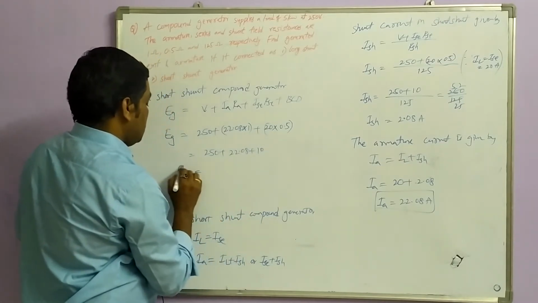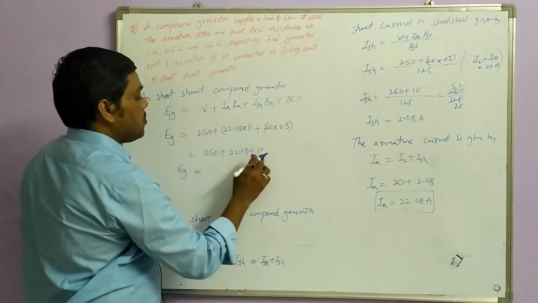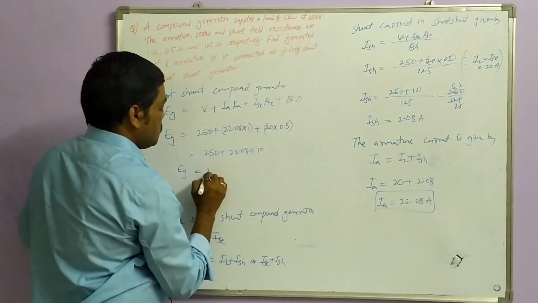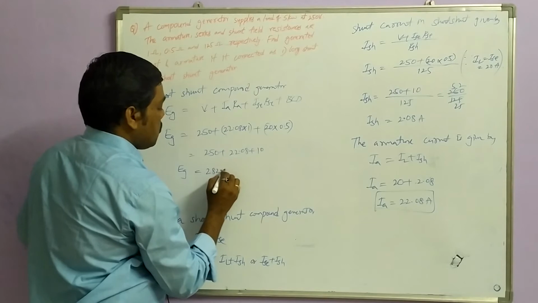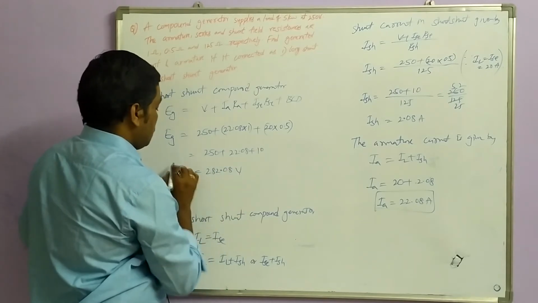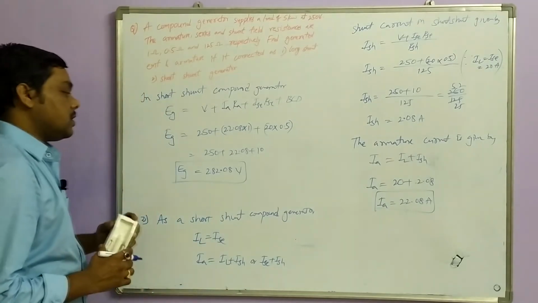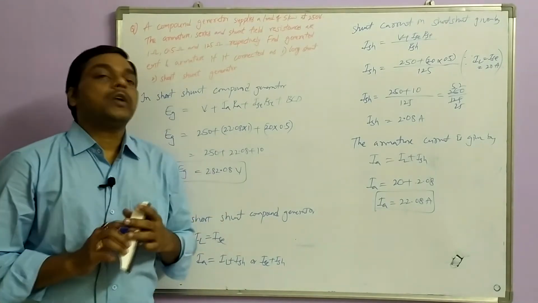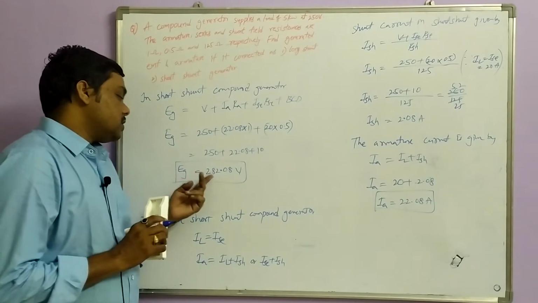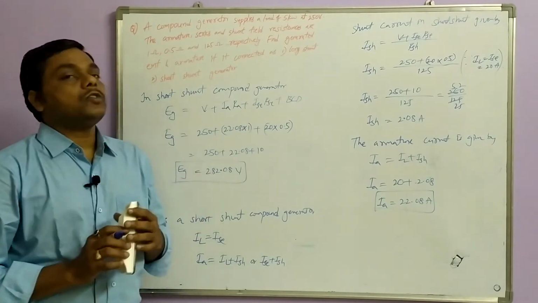Now EG is equal to 272.08 volts. Now the generated EMF is almost 283 volts, so EG is equal to 282.08.